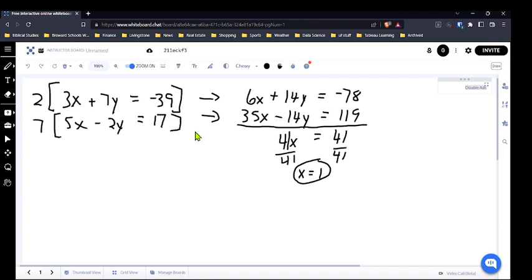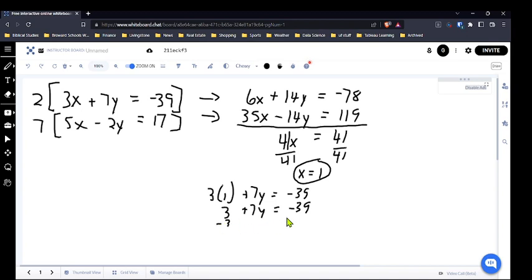Now I can plug that x equals 1 into any of the original equations, so I'll just go with this first equation. 3 times 1 plus 7y equals minus 39. So 3 plus 7y equals minus 39.